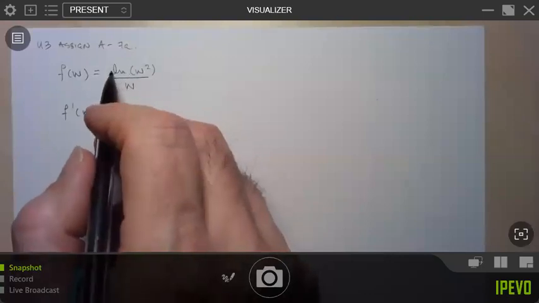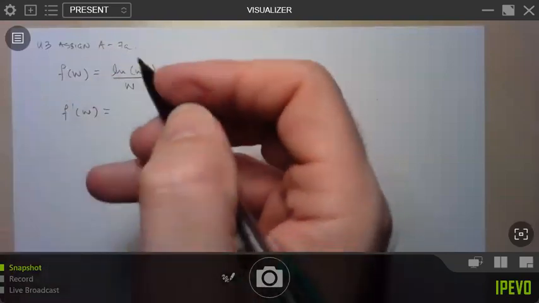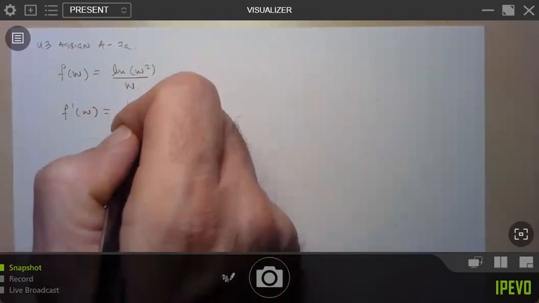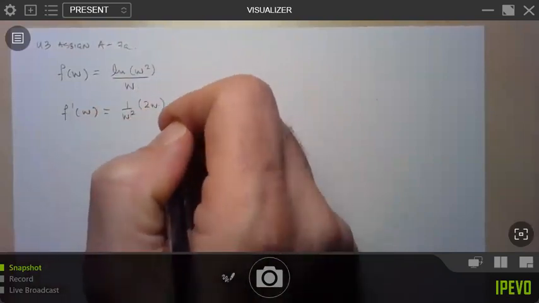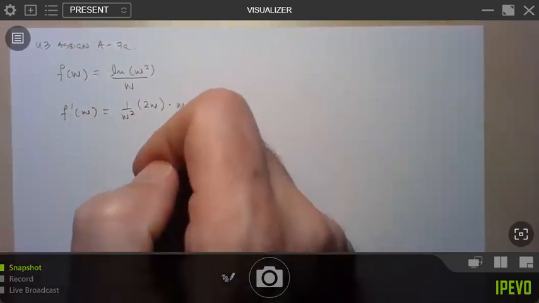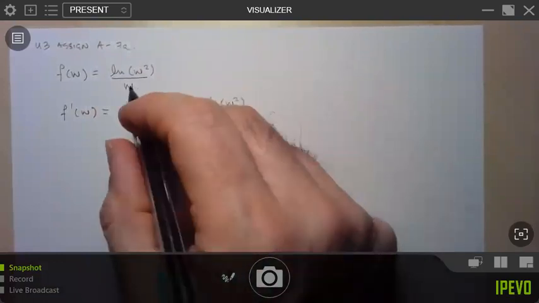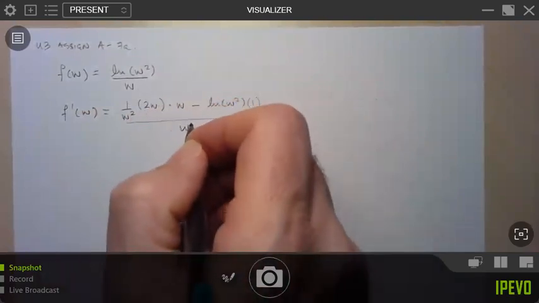The derivative of ln of w squared is, and I'm going to do this more quickly now, just using the chain rule. So 1 over w squared times the derivative of w squared, 2w, times the denominator function, which is w, minus ln w squared times the derivative of the denominator, which is just 1, all over w squared.